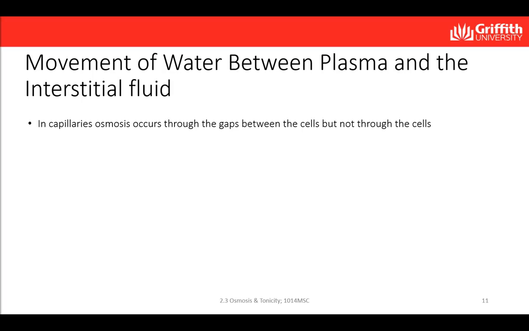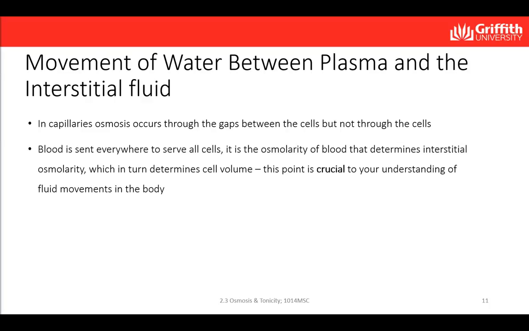In capillaries, osmosis occurs through gaps between the cells, but not through the cells lining the capillaries. Blood plasma is sent everywhere to serve cells with nutrients and respiratory gases. The osmolarity of the blood determines the interstitial osmolarity, which in turn determines the cell volume.